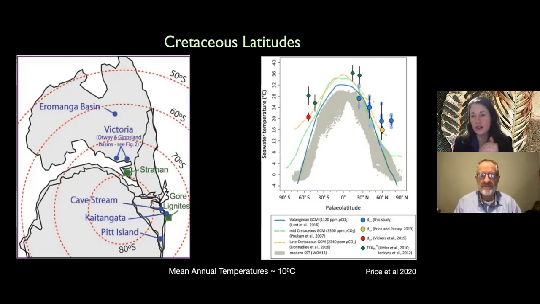And so it was just a lot less difference between the equator and poles at that time. Okay, and that dramatically warmed again into the late Cretaceous, as you can see with the yellow dashed line there.